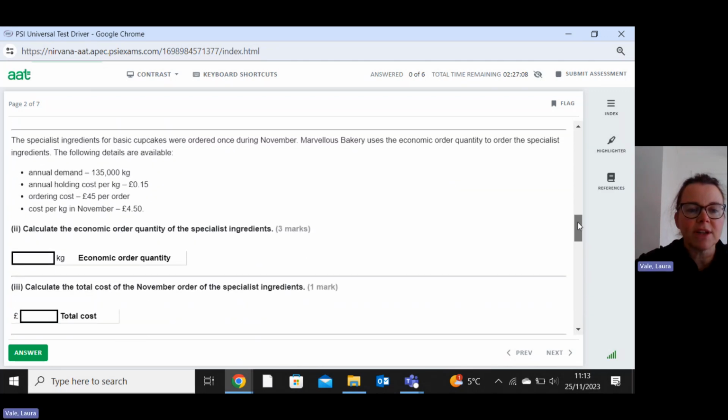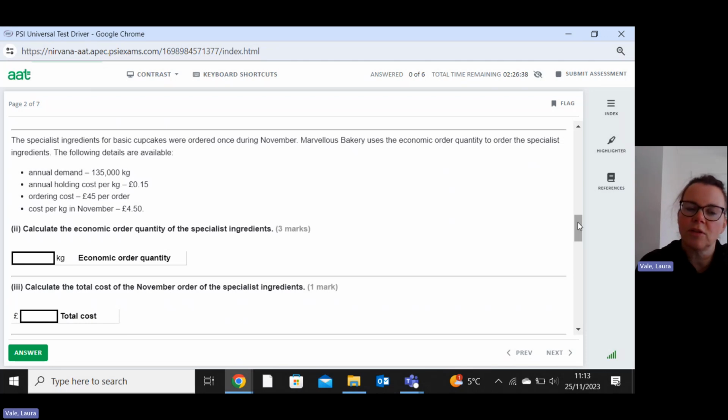The specialist ingredients for basic cupcakes were ordered once during November. Marvellous Bakery uses the economic order quantity to order the specialist ingredients. So the economic order quantity works out the optimum volume, in this case kilograms, to order so that we're optimizing the balance between holding stock for too long.